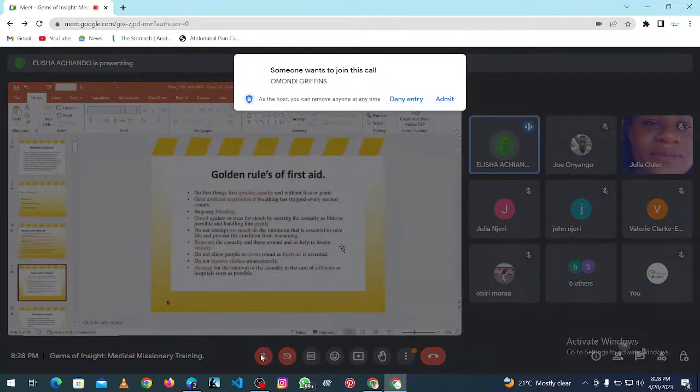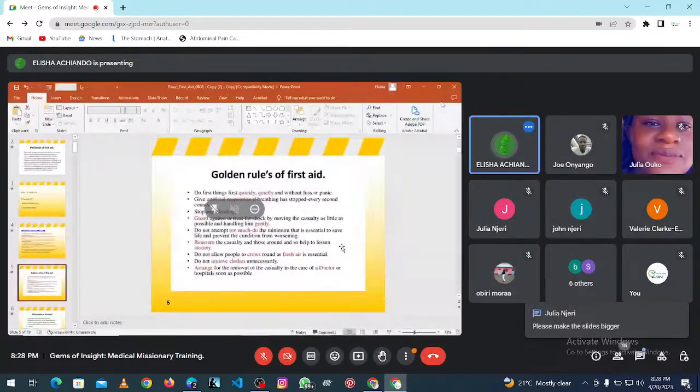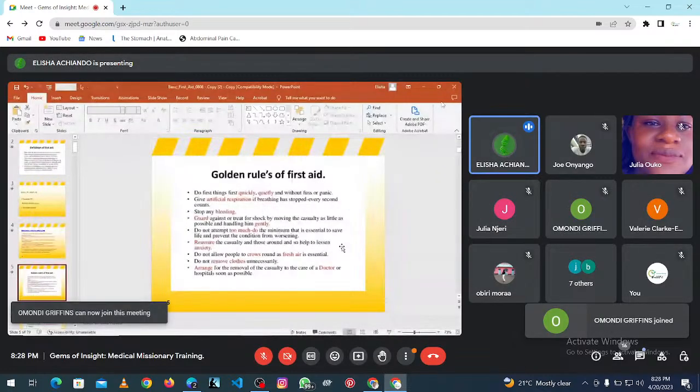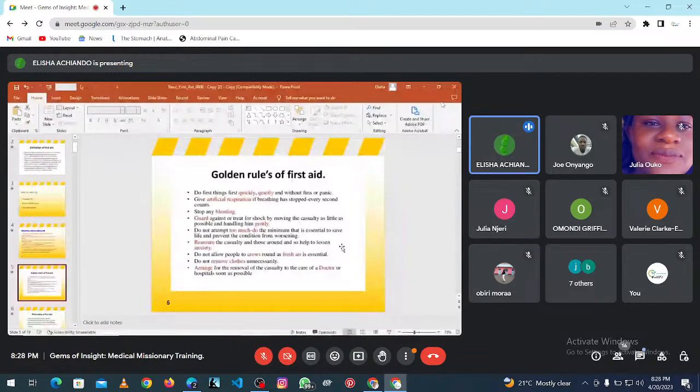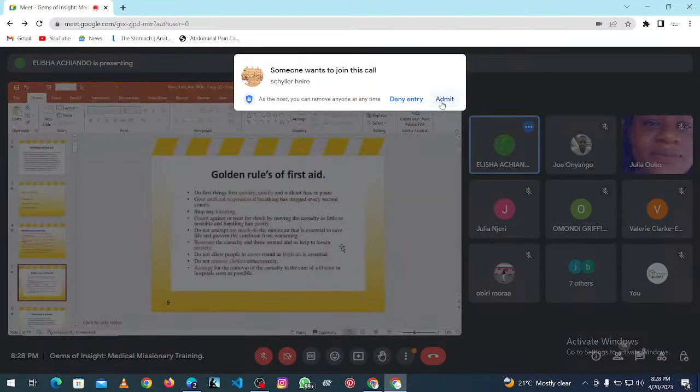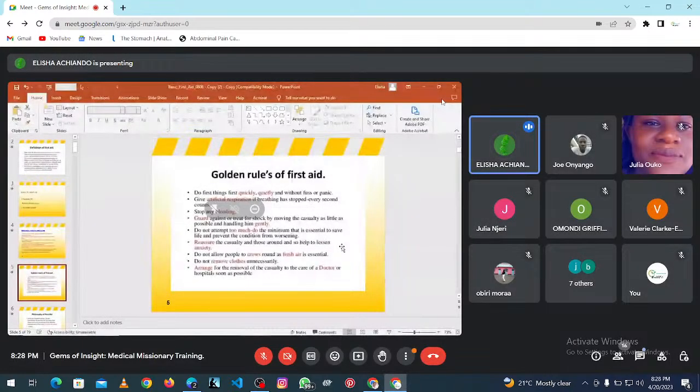Imagine someone has been bitten by a snake, and these people are panicking, and you as a first aider get onto the site and also start panicking. You mess everything up. So don't panic. Make sure first things are done first, quickly, quietly, and without panic. That is the first golden rule.